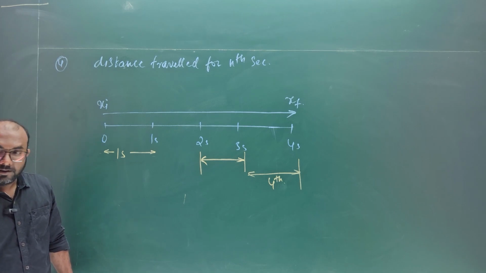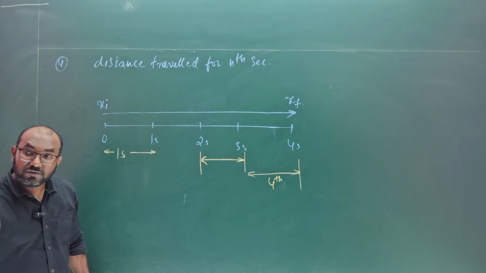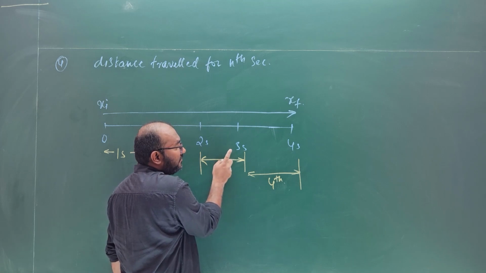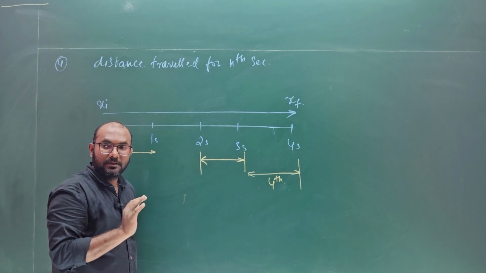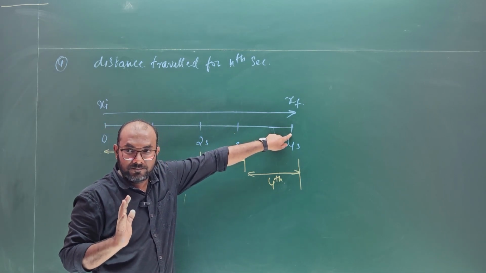So the body is not traveling the full distance in the 4th second; it is only traveling this distance. That means it completes after 3 seconds and ends after 4 seconds. Started from 3, ended at 4.